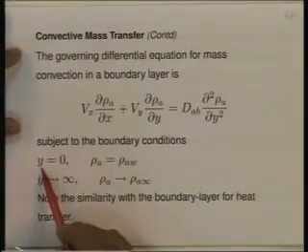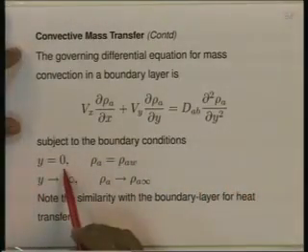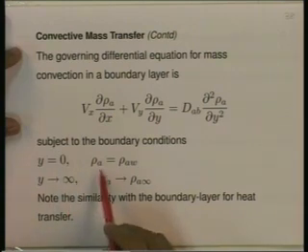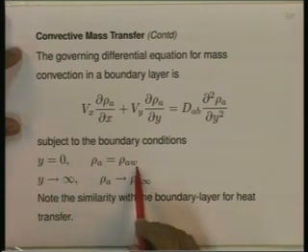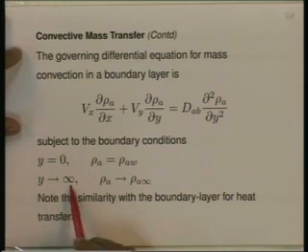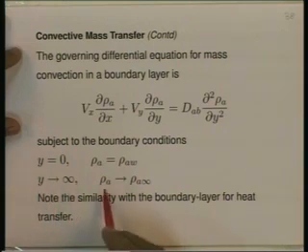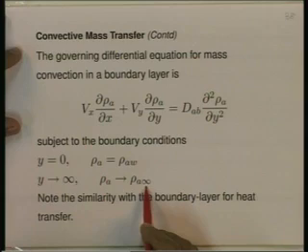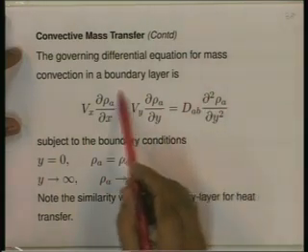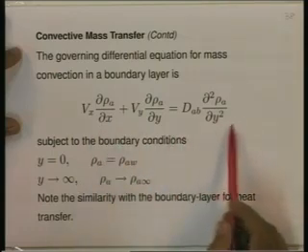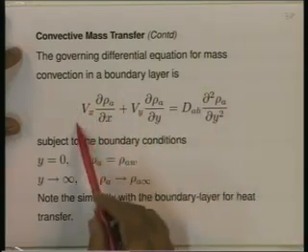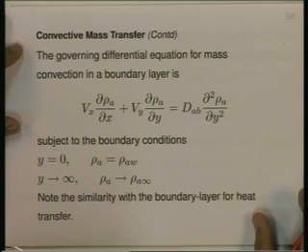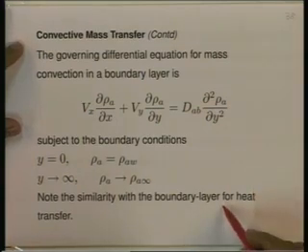So, at the wall where y is 0, rho A is rho A at the wall, and as y tends to infinity, rho A tends to rho A infinity. We should note the similarity between this boundary layer equation for mass transfer and the boundary layer equations for heat transfer and even for fluid flow.